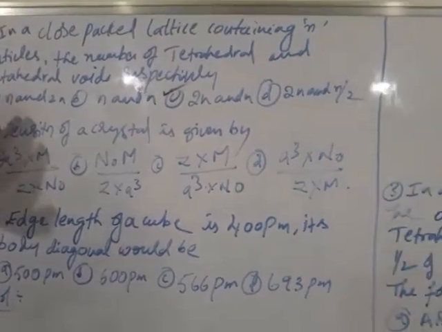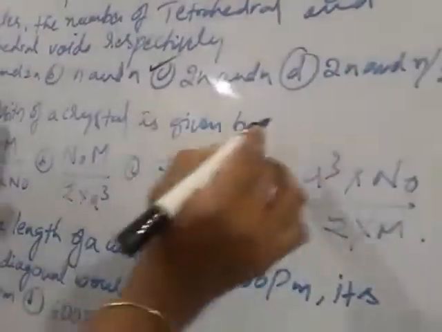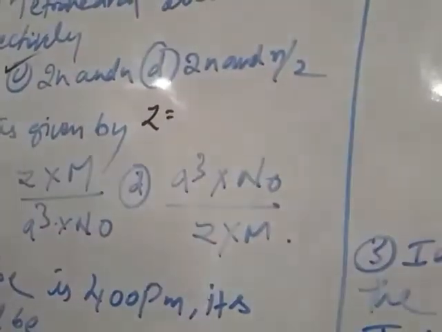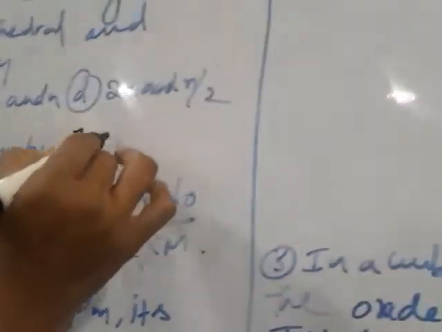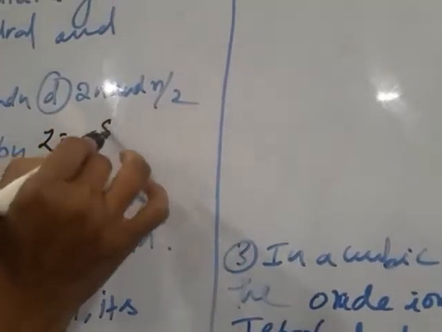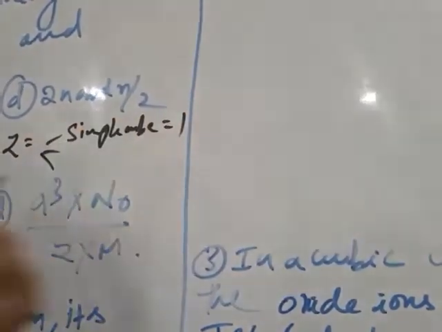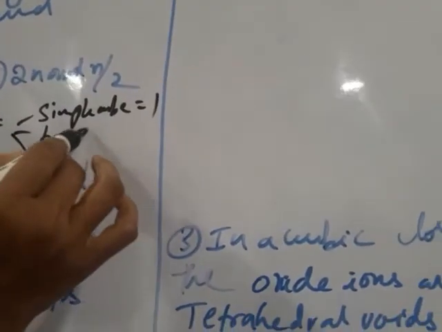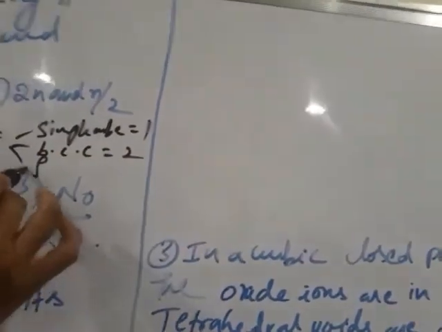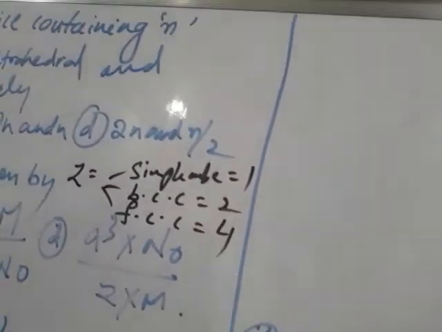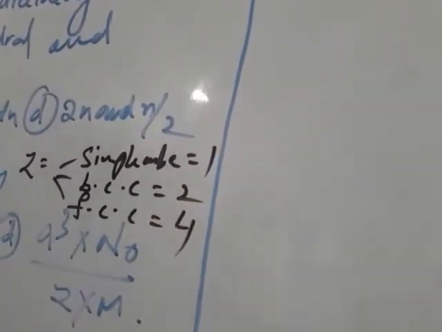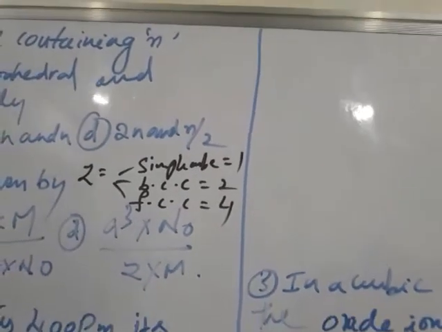The number of particles is indicated with the symbol Z. For different unit cells, simple cube, Z is equal to 1, BCC, Z is equal to 2, FCC, Z is equal to 4. So from the number of particles and edge length, we can calculate the density.